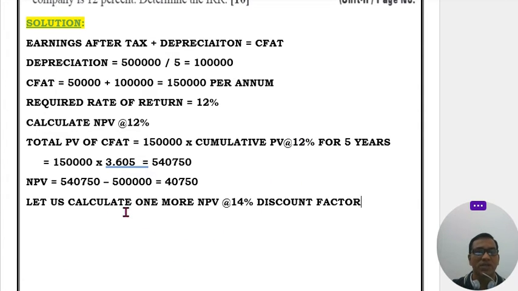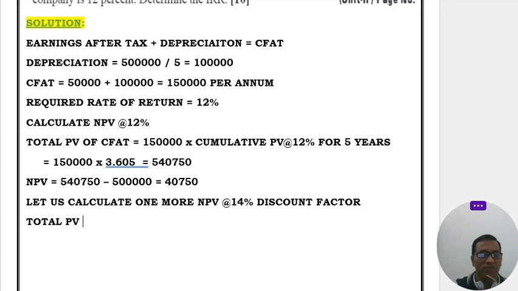Why above 12%? I have to decrease this value. Value should decrease means rate should increase. That's why 14%. And since here cash flow is same every year, no need to prepare tables. No need to multiply year 1 with table, year 2 with table, year 3 with table, 5 times, no need.